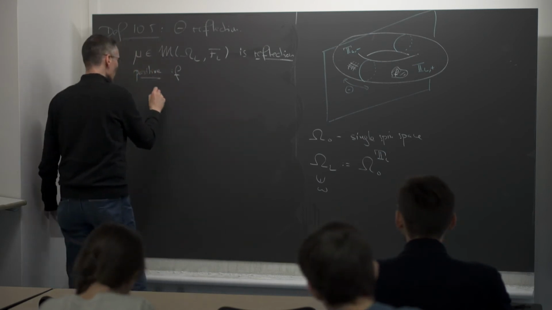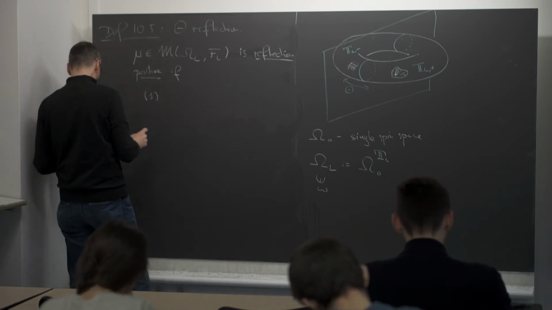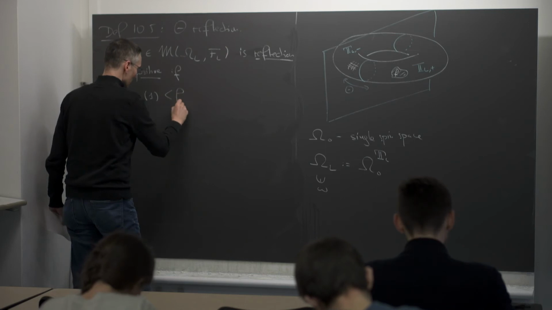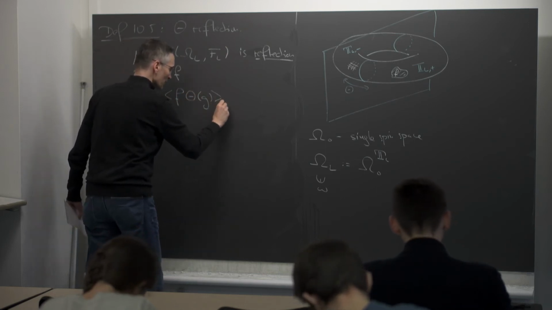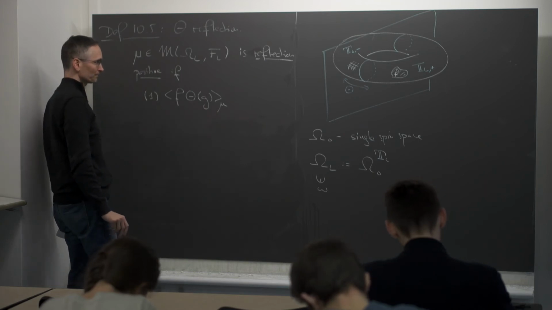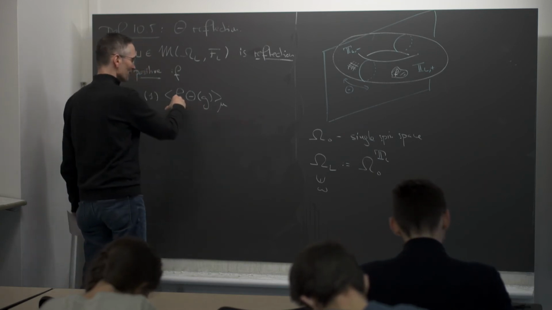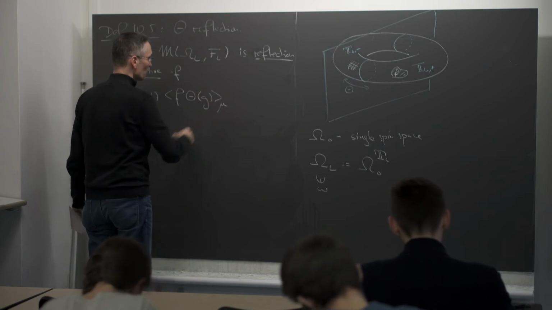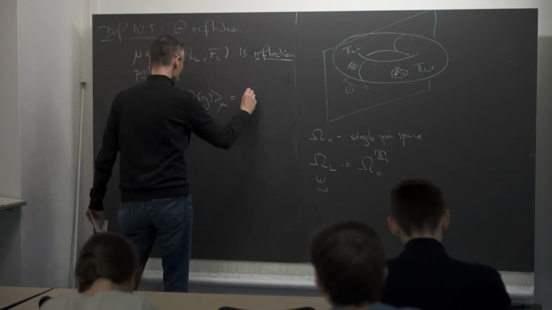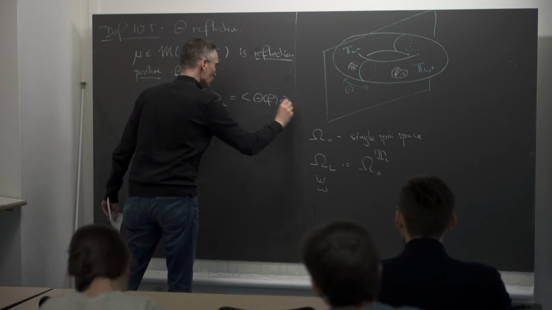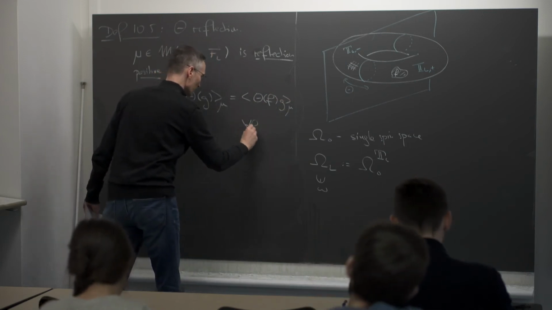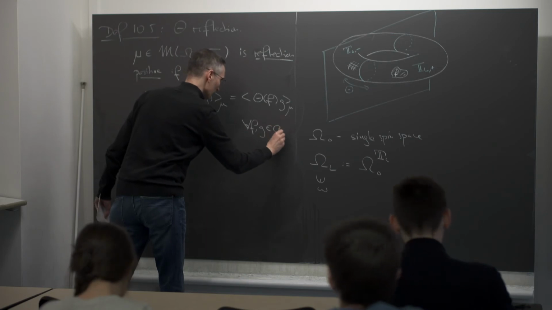if we have the following two properties. So the first one is saying that the expected value of f theta g with respect to this measure mu, so the integral of f(omega) theta g(omega) mu(d omega), is the same thing as the expectation of theta f times g, and this is true for any f and g in A plus of theta.